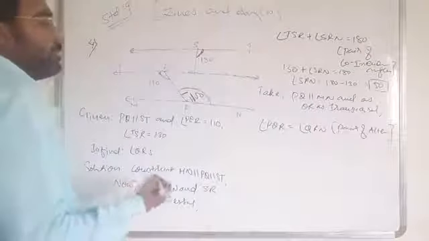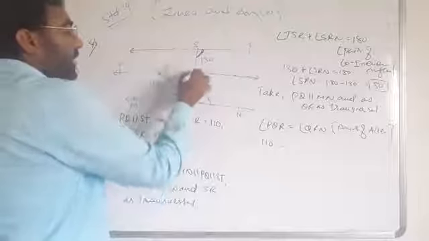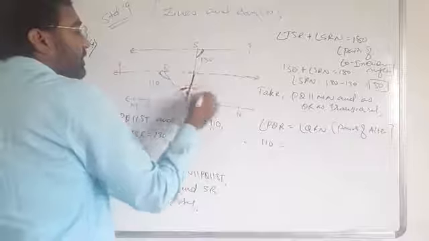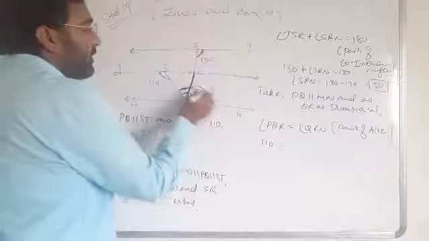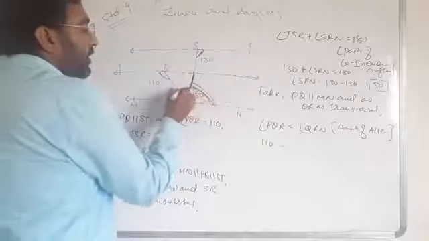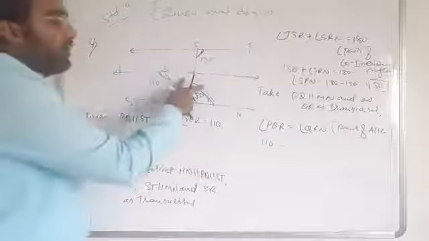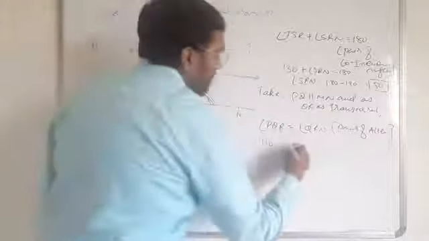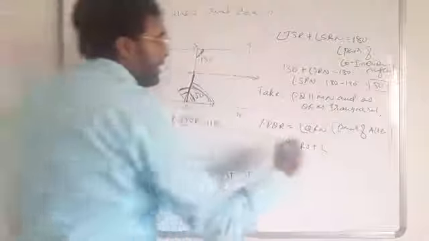Now PQR is equal to 110, but the whole angle QRN is divided into two angles, one of them is QRS and the second one is SRN.